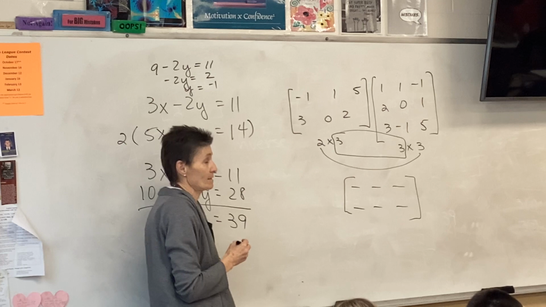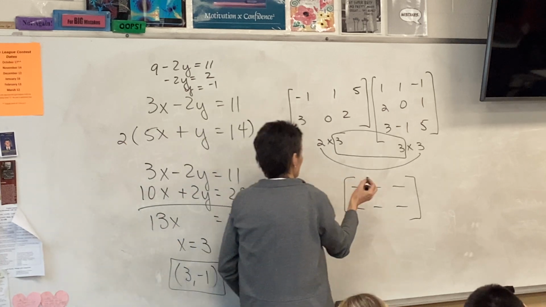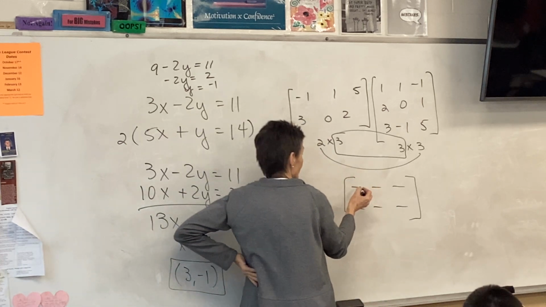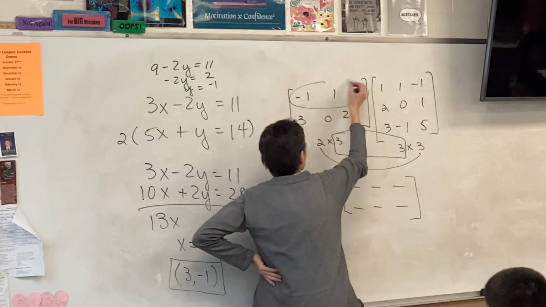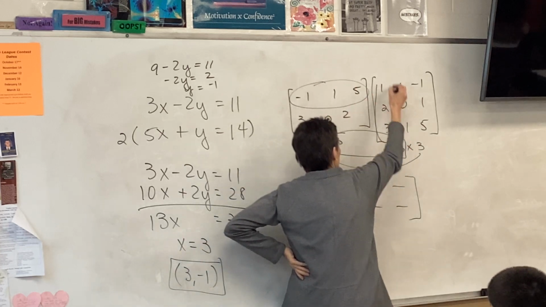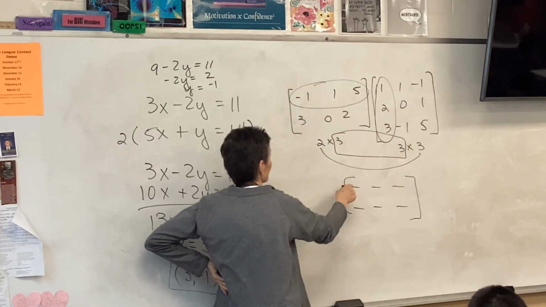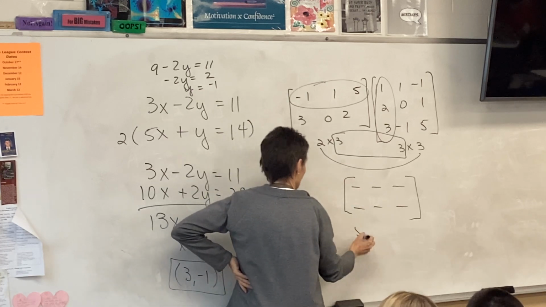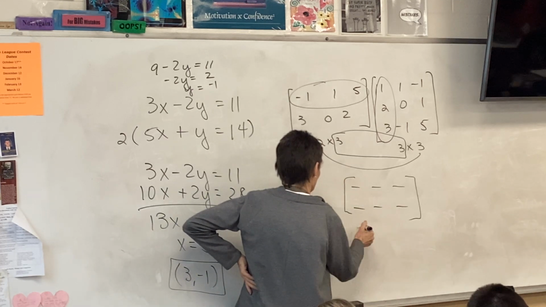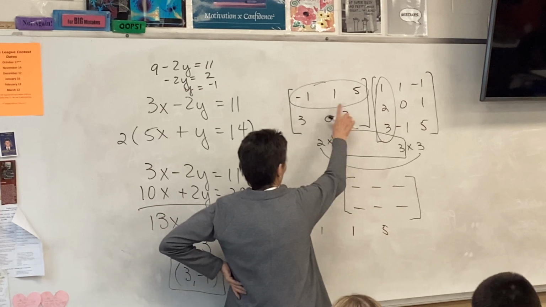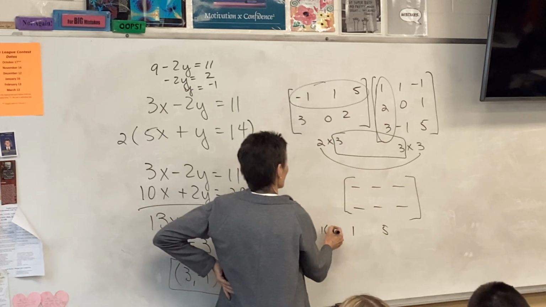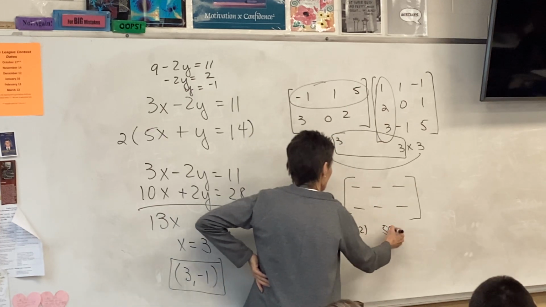So we got 2 minutes. Let's see if we can get this done. This right here, row 1, column 1. So negative 1, 1, 5. That's row 1. And 1, 2, 3.